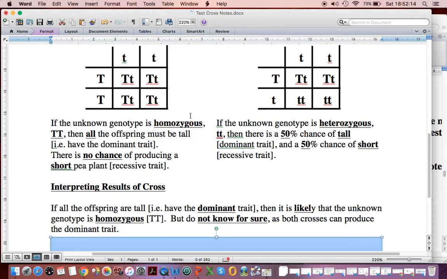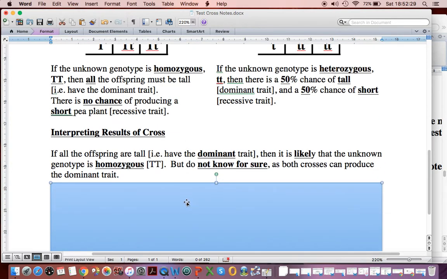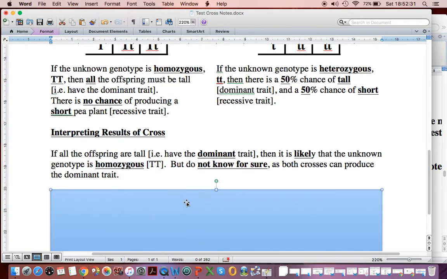So if we did this 5 times and always got dominant, yeah, it's probably homozygous, but we don't know for sure, and wouldn't be totally confident. If we did this 100 times and only got the dominant trait, then we'd be pretty confident, a lot more confident that it's homozygous. But for that, we have to do it many times.